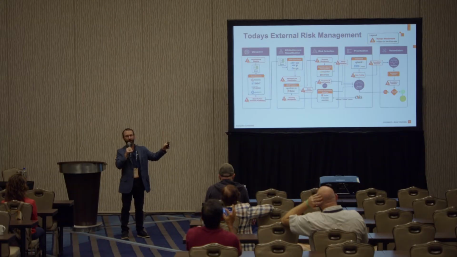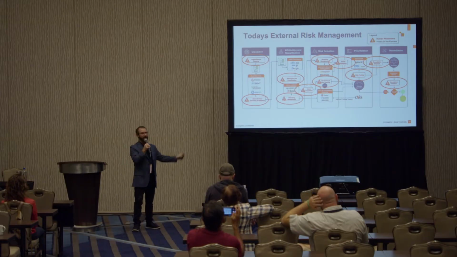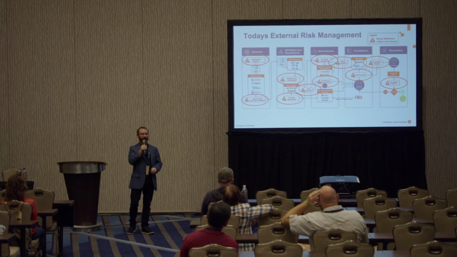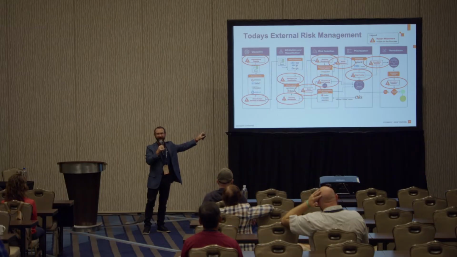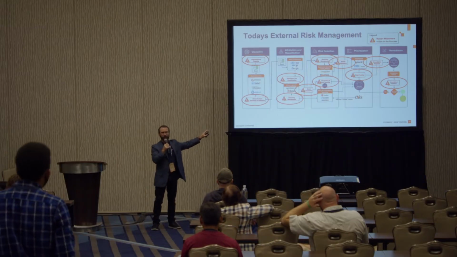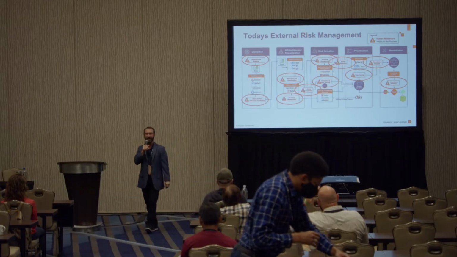All of these little red circles that I just put up on the screen, these are human intervention, right? So far you've seen you probably have 4, 5, 18 tools, multiple teams probably doing this work. And then you have all this human intervention. What does that do?